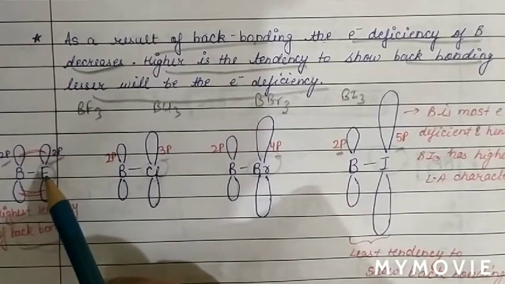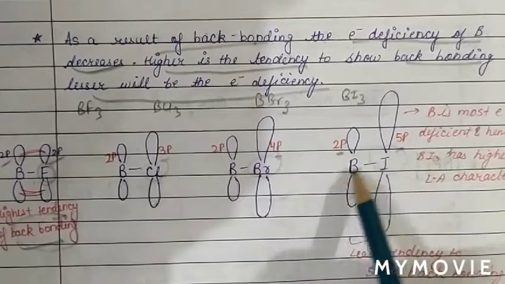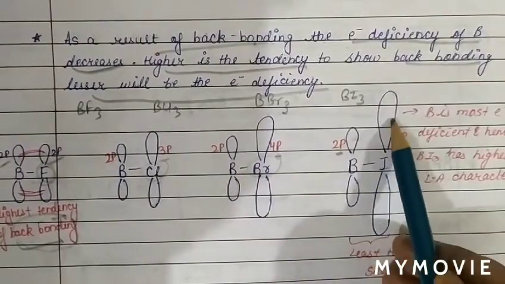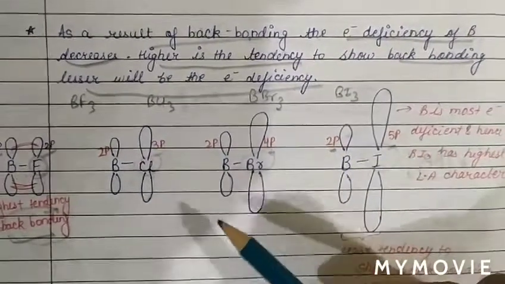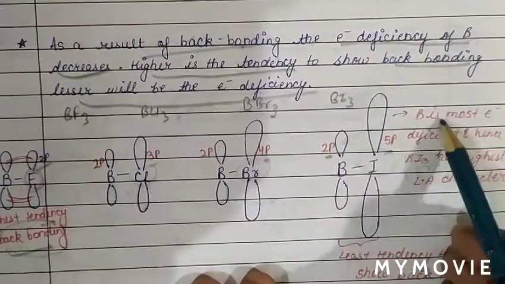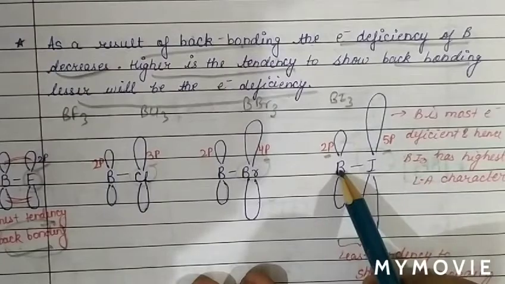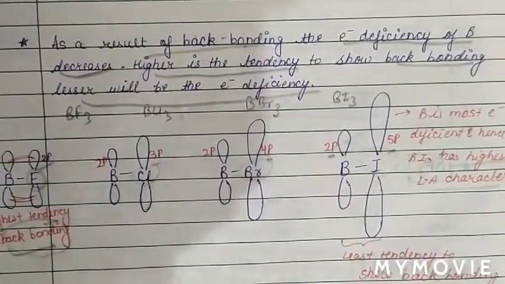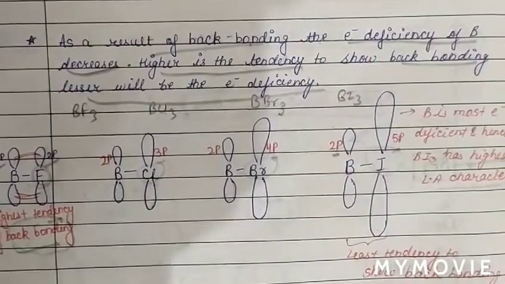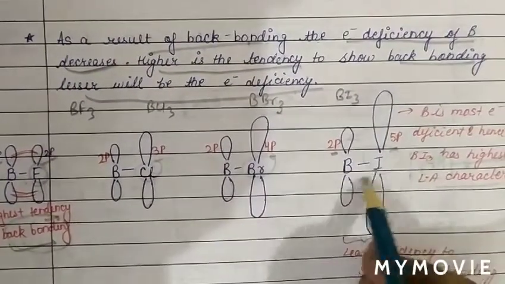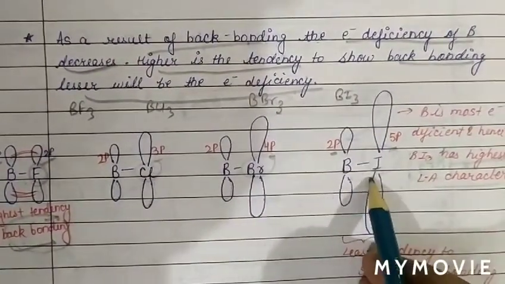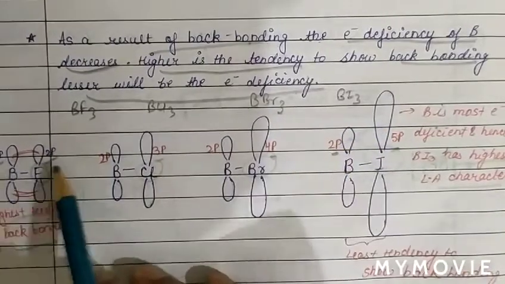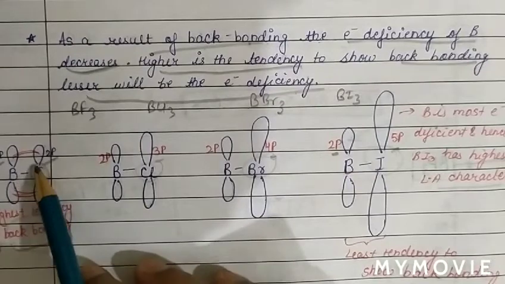So BF3 will behave as a weaker Lewis acid, and in the case of BI3, the electron deficiency of boron is not completed because the overlapping is not effective. BI3 has the highest Lewis acid character because back bonding is least in BI3 and highest in BF3.